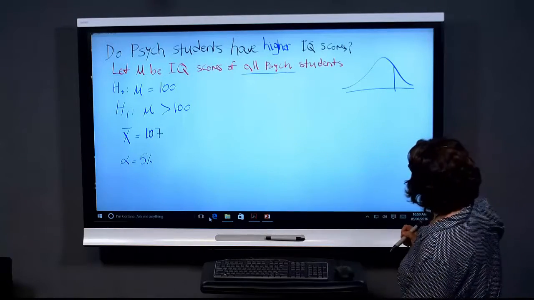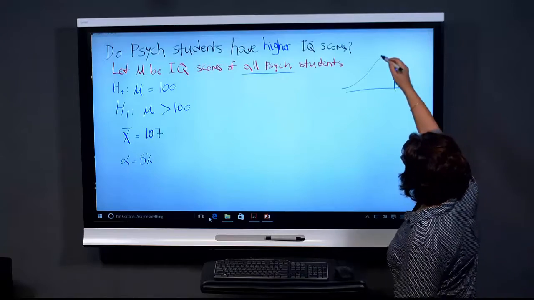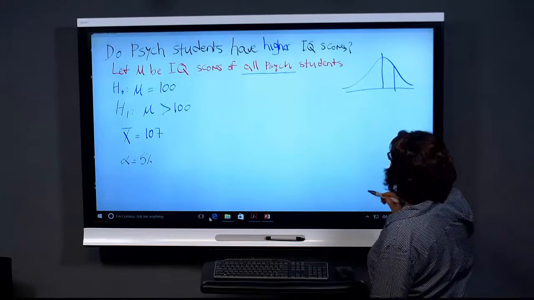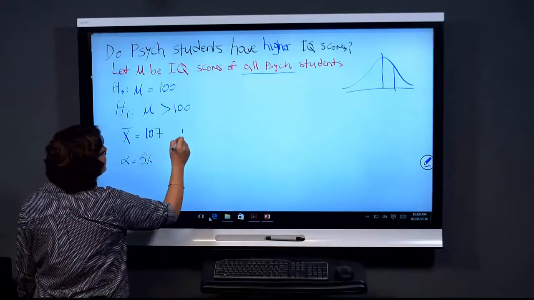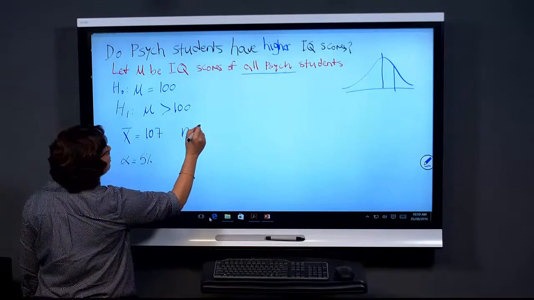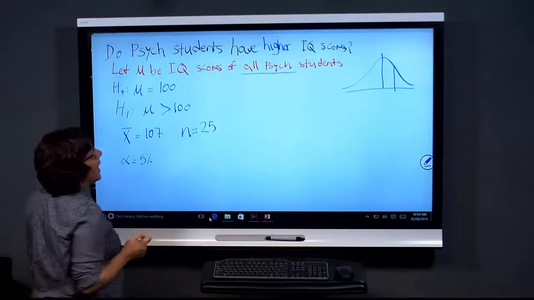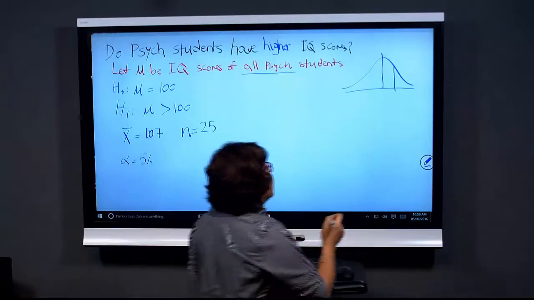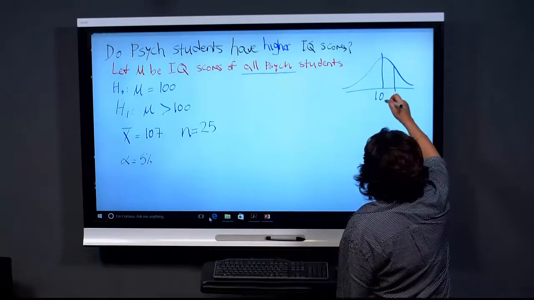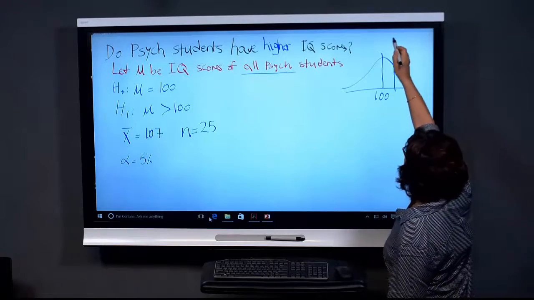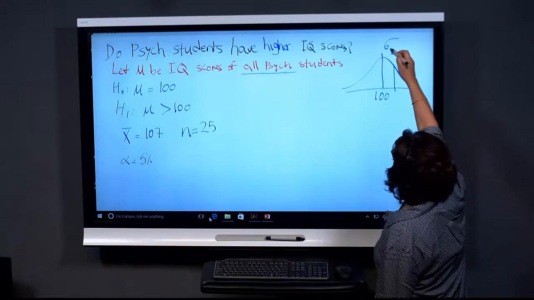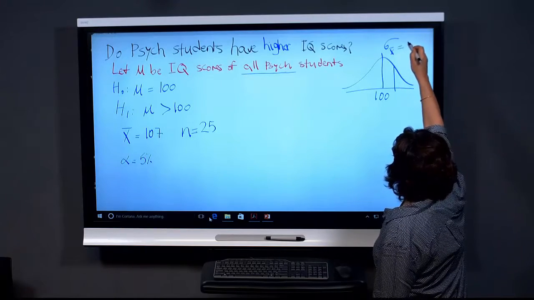All right? Now, we know that we have x bar equal to 107 for a sample size of 25. And we know that the mean IQ score for the general population is 100. And sigma of x bar was equal to 3.